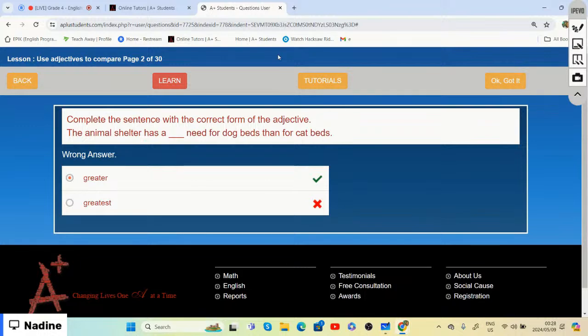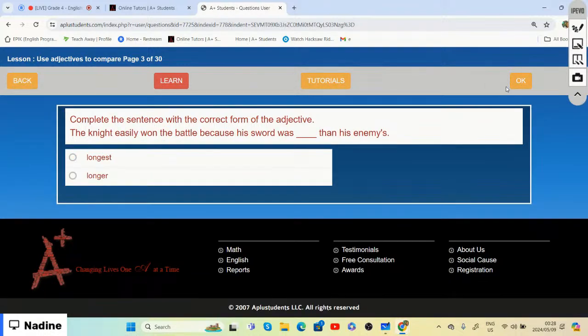It's only the dog beds compared to the cat beds that they are looking for. And usually if we use the word a, then a would specify greater; the would be greatest. So option one was correct. Well done.